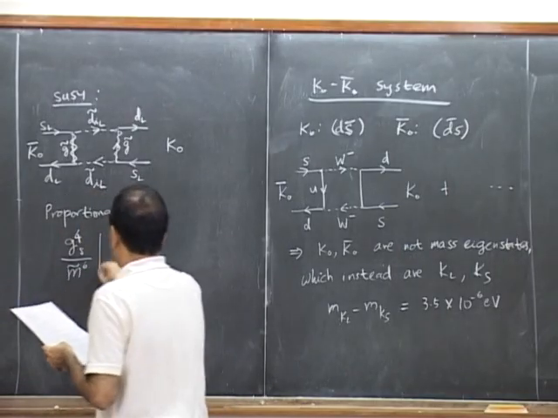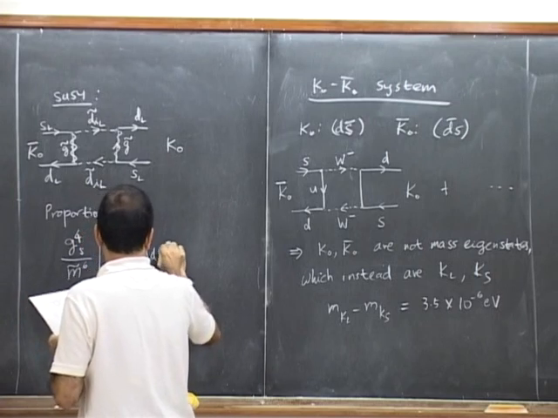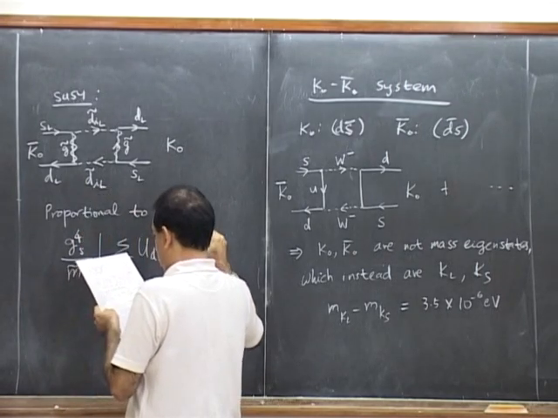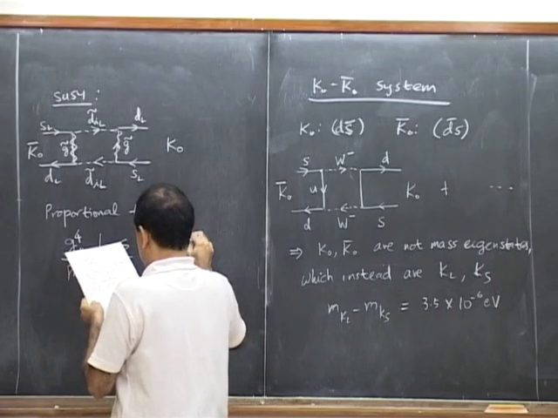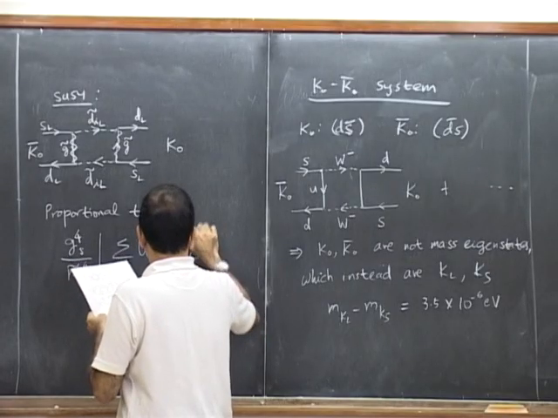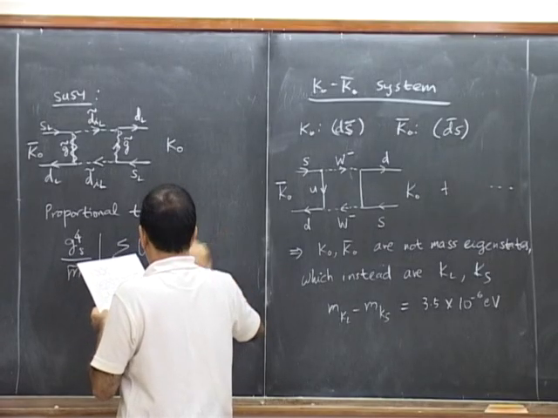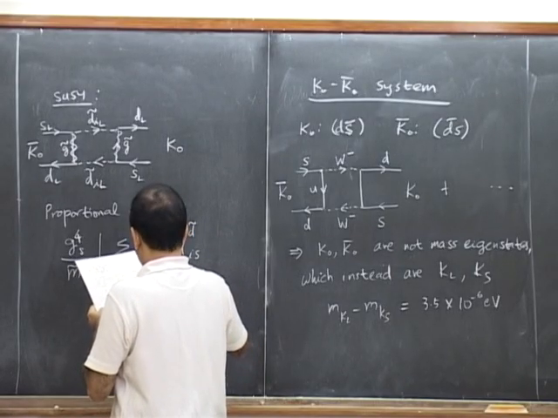So I'll write it and then I'll explain the notation. Here, unfortunately, the notation becomes a little bit confusing. I think this is not a very good notation by these people.